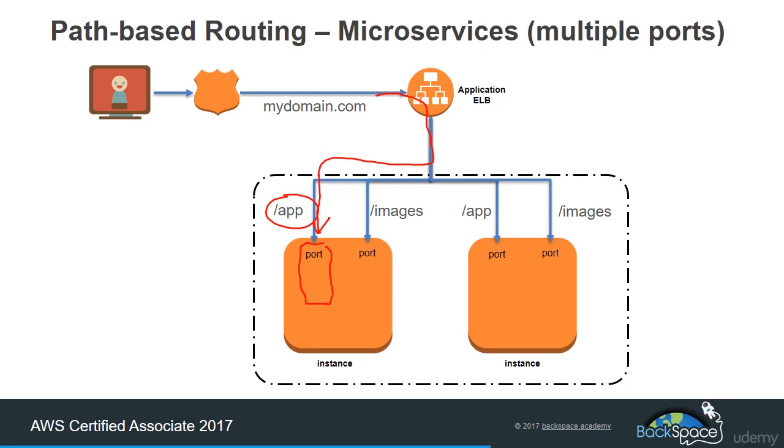And then we can do the same with another instance. So if, for example, our images are not as busy as our app or vice versa, we are still distributing the load very evenly across these instances. So we're not going to have one side of this infrastructure that's very busy and the other side not. So it's going to create some very good advantages for reliability and for efficiency as well.